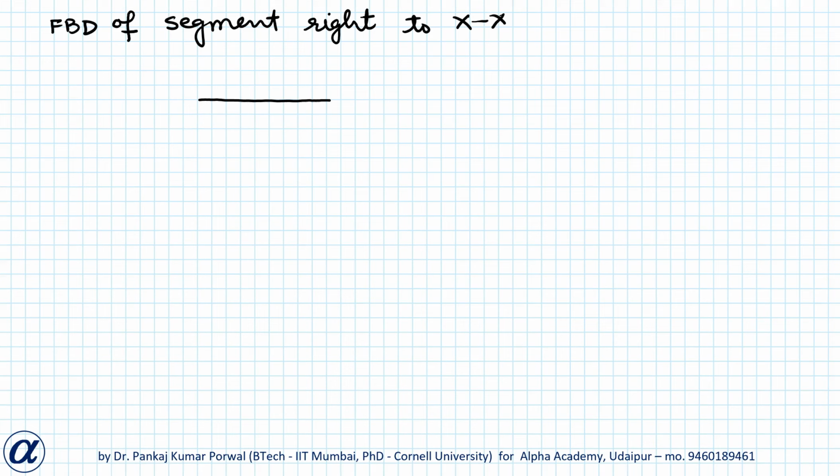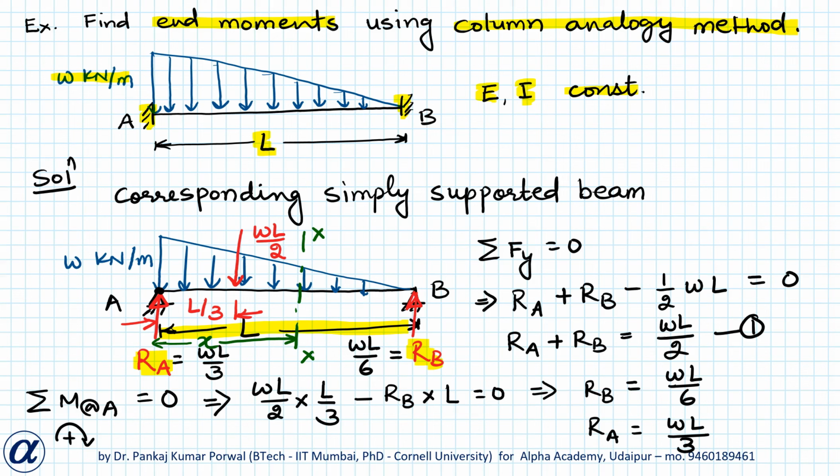So this will be our segment. There will be reaction RB, this will be end B, there will be a smaller triangular load, and this distance will be L minus X because this distance is X and the total distance is L, so the remaining distance will be L minus X.